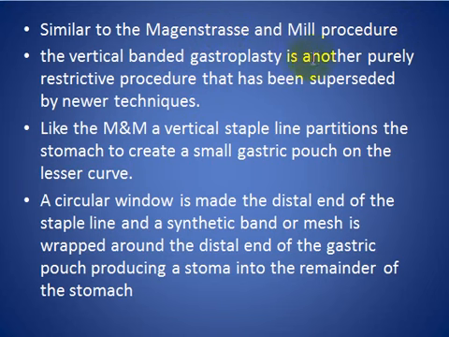The vertical banded gastroplasty is a purely restrictive procedure that has been superseded by newer techniques, and there is a staple line partition of the stomach to create a small gastric pouch along the lesser curvature, and a circular window is made at the distal end of the staple line, and a synthetic band or mesh is wrapped around the distal end of the gastric pouch, producing a stoma into the remainder of the stomach.